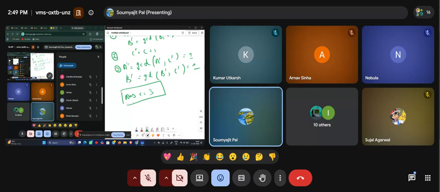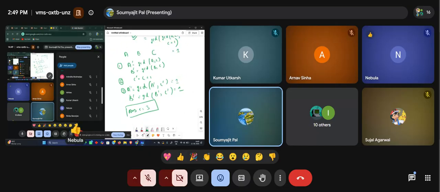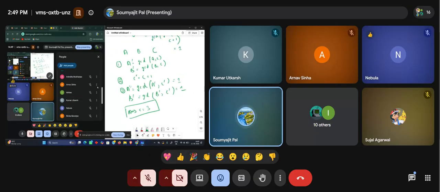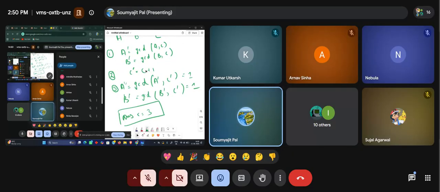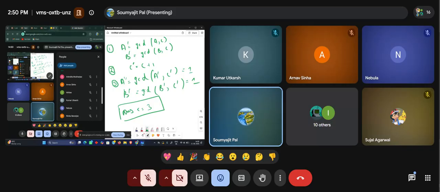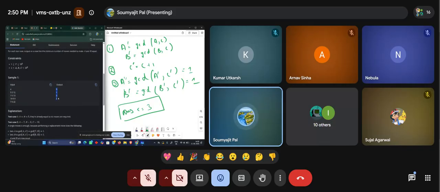Is it understandable? Okay. So my answer would be at most 3 if I write brute force in the worst case. And in the question also you will see the answers are 0, 1, 3, 2. So at most the answer is 2.